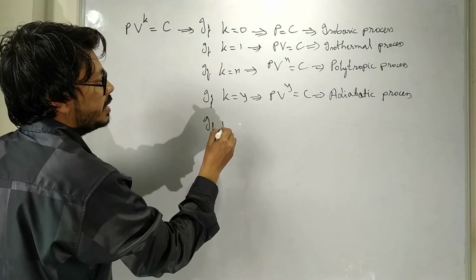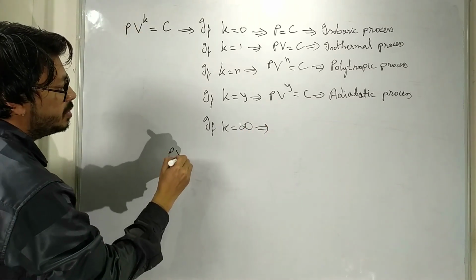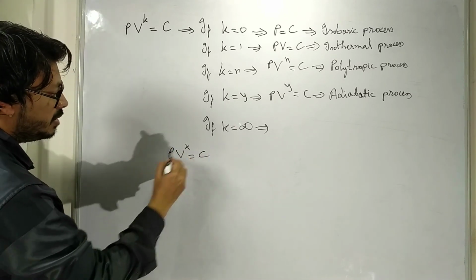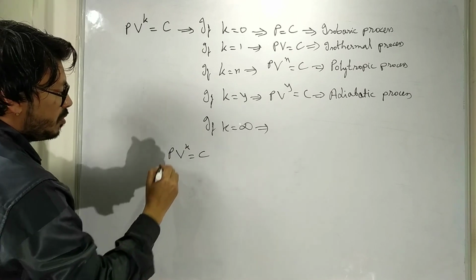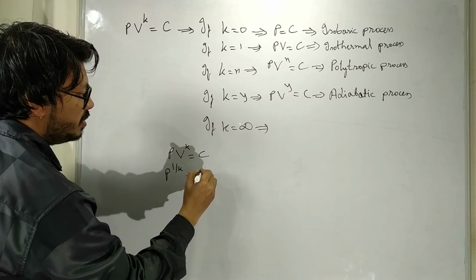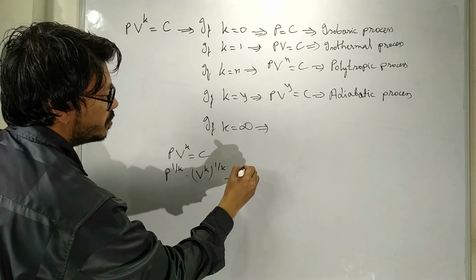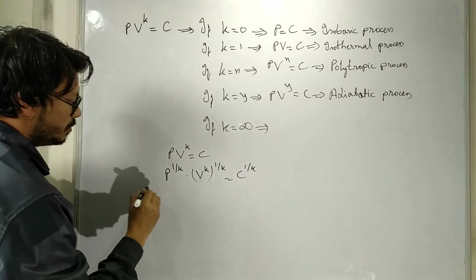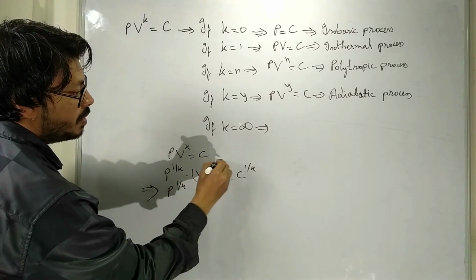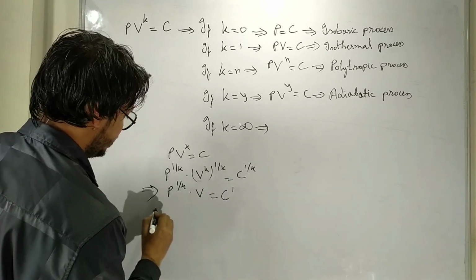If k equals infinity, PV to the power k equals constant. Before putting k equals infinity, raise both sides to the power 1 by k. Then P to the power 1 by k into V to the power k to the power 1 by k equals C to the power 1 by k. V to the power k to the power 1 by k is equal to V. C to the power 1 by k is another constant, C dash.